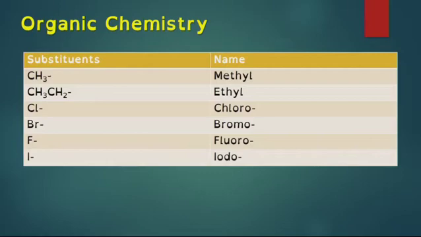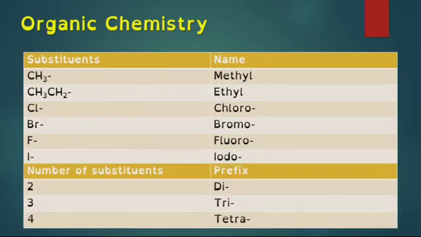Now, not only with substituents do we have to tell the examiner what substituent it is, we also have to tell the examiner how many. If there's only 1, we don't have to say anything about it. But the second we have 2, 3, or more, we have to tell the examiner that by putting a prefix in front of the name of the substituent.